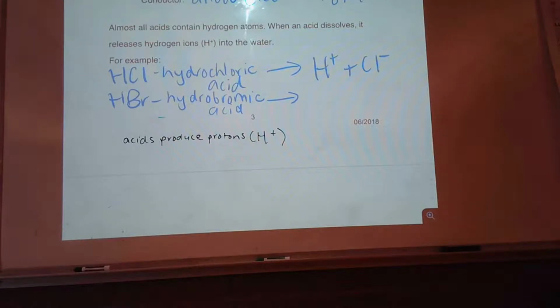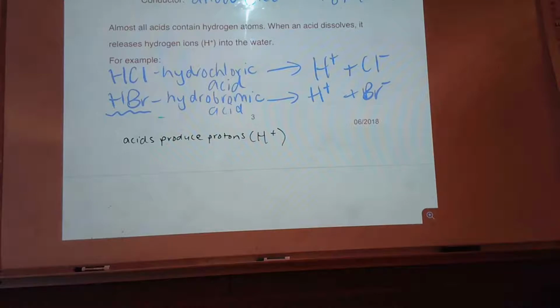Hydrochloric made hydrogen and chlorine, so hydrobromic makes... So if we just look at what's on the left hand side, what's on the left hand side is going to determine what's going to be on the right hand side. So if we have H and Br on the left hand side, we're going to have it on the right hand side as well. So it'll just be the H plus like the previous example, and we'll have Br minus because we have bromine instead of chlorine there.